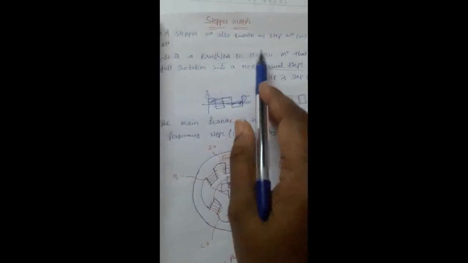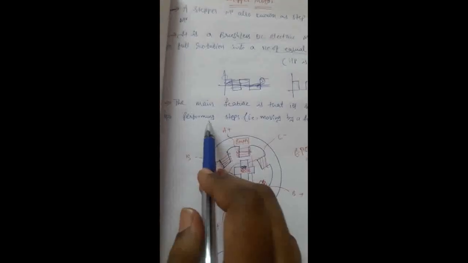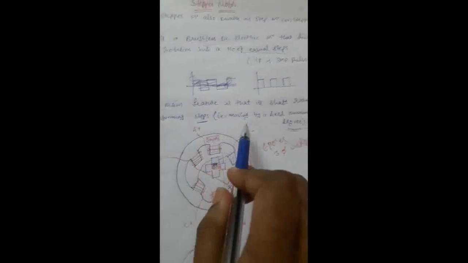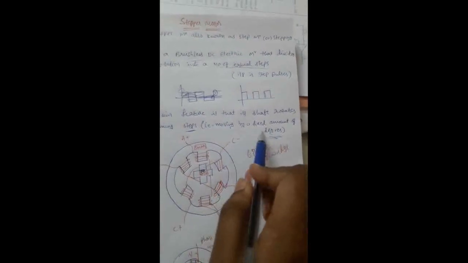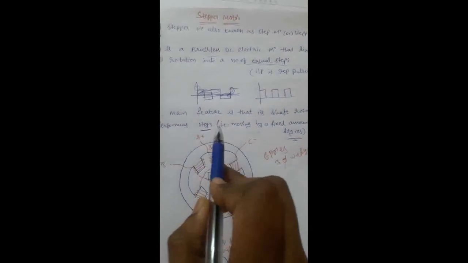It will not rotate continuously like a servo motor or DC machines or normal motors. It rotates in a stepwise manner. The main feature is that its shaft rotates by performing steps, meaning it rotates only a fixed amount of degrees in a stepwise manner.